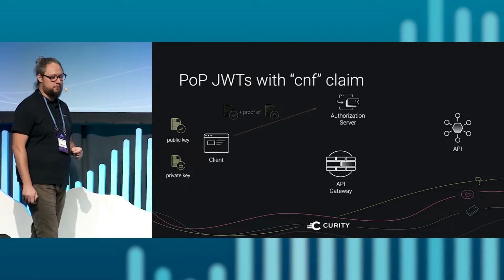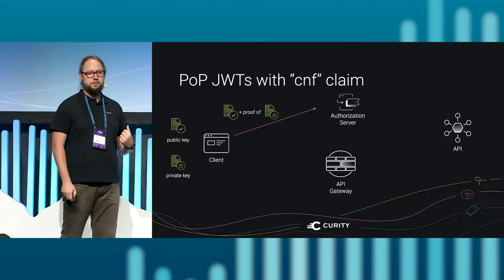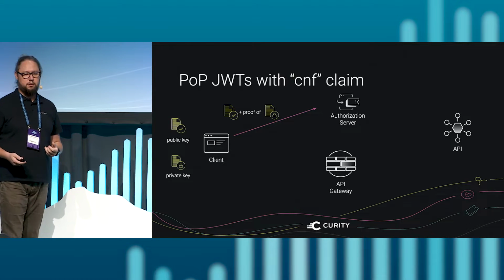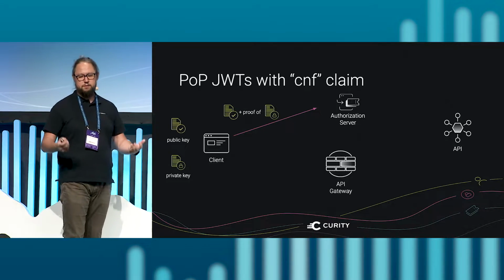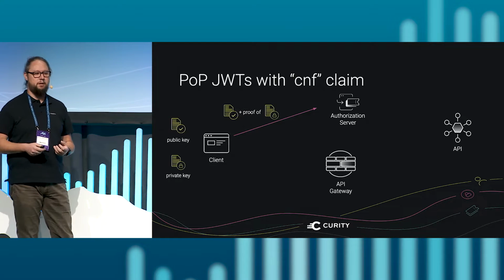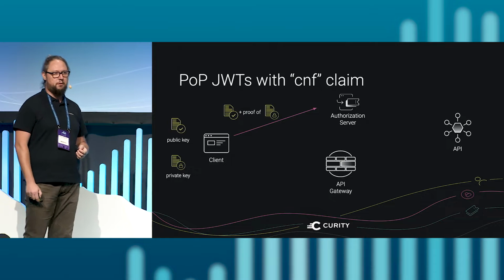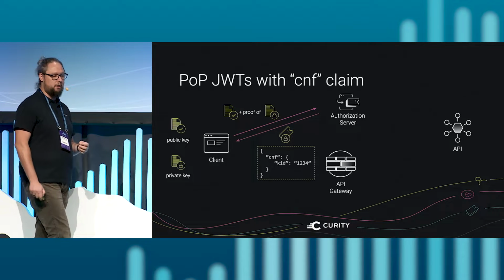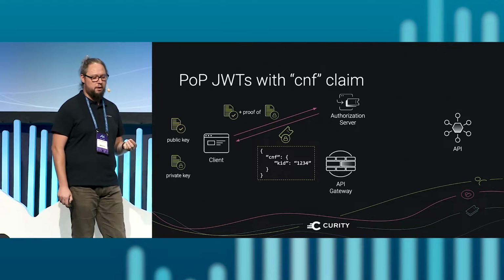And here comes the mTLS I was talking about before. When the client wants to get an access token from the authorization server, it sends the authorization code, but also a proof of possession of a private key. So it, for example, uses an mTLS connection, and then the authorization server has authentication information about the client and can use the certificate from the mTLS connection to put that information in the access token.